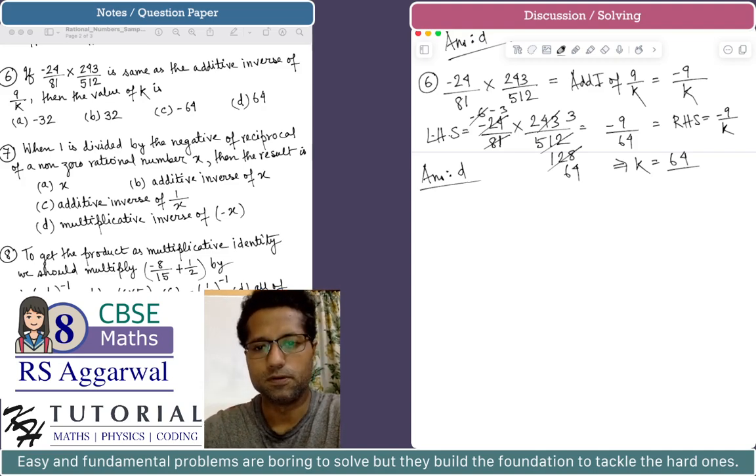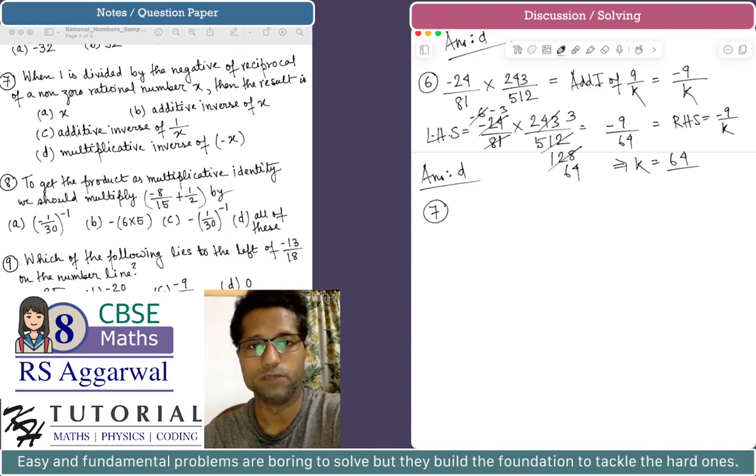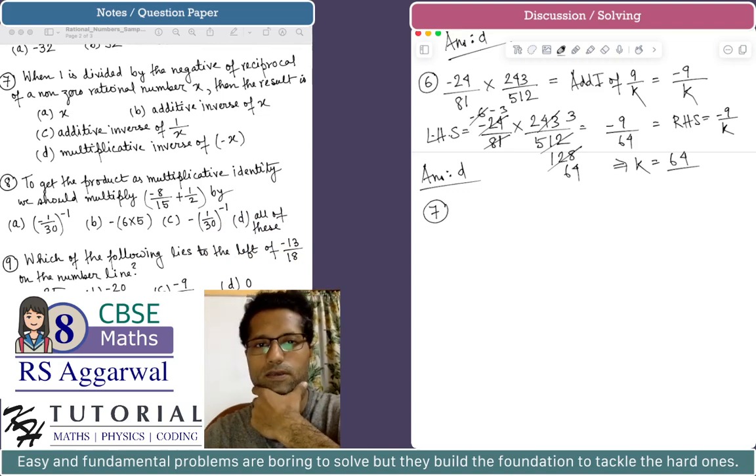Let's do problem number 7. When 1 is divided by the negative of the reciprocal of a non-zero rational number x, then the result is the additive inverse of a rational number.